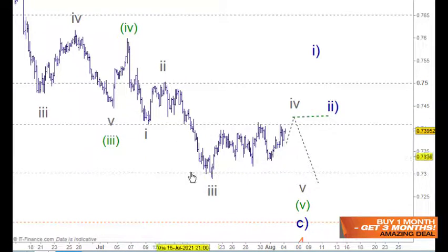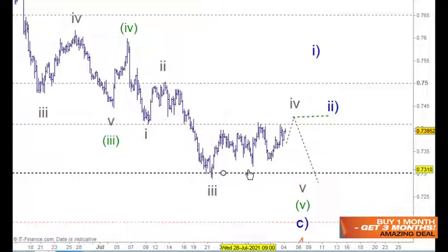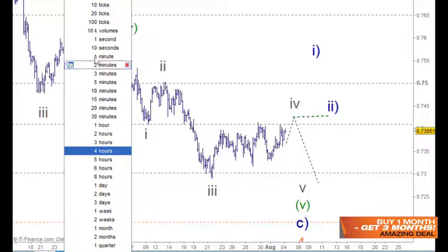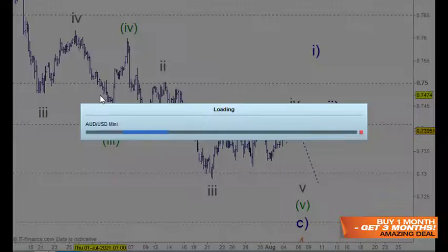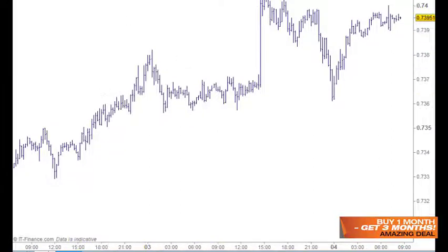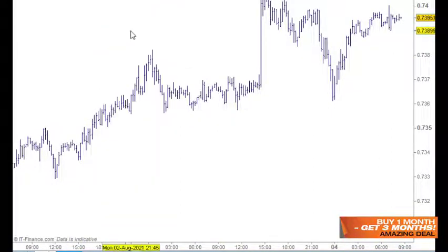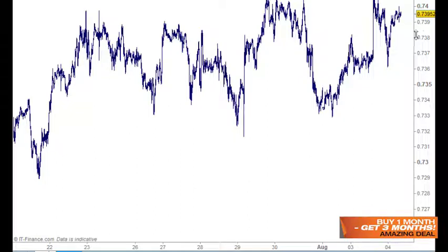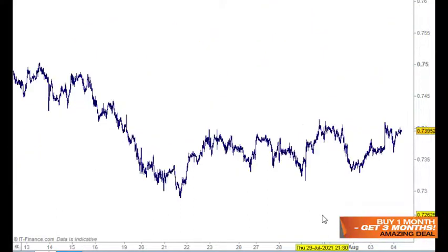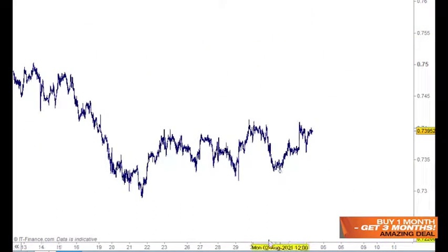But this here, yeah, let's just go, maybe what can we see? A 15-minute chart could do the trick. So this is the pattern at the bottom here, all right?